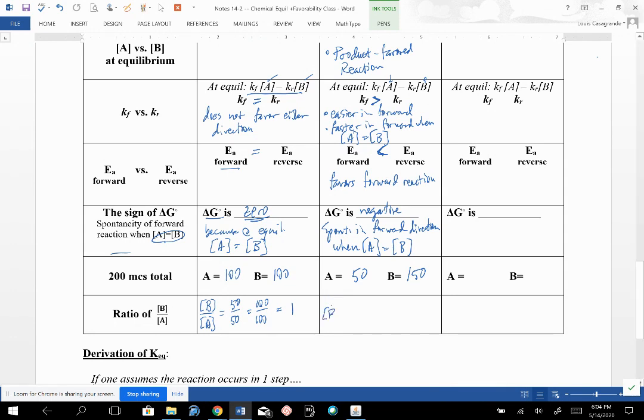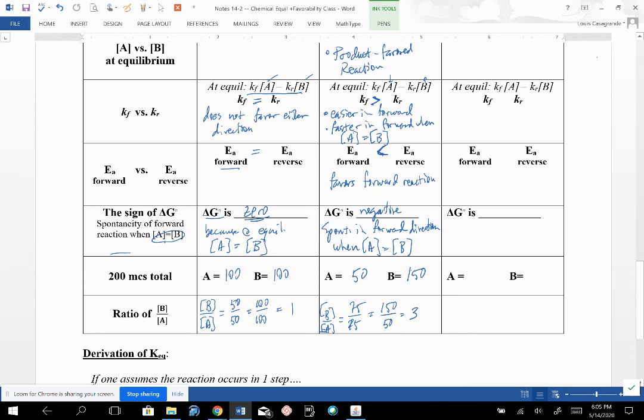So the concentration of B over A. We had 75 over 25 is equal to 150 over 50 is equal to 3. So we'll get to what that means in one moment.